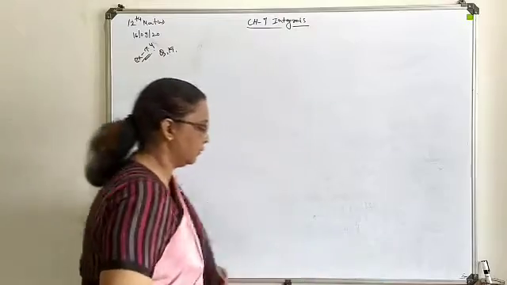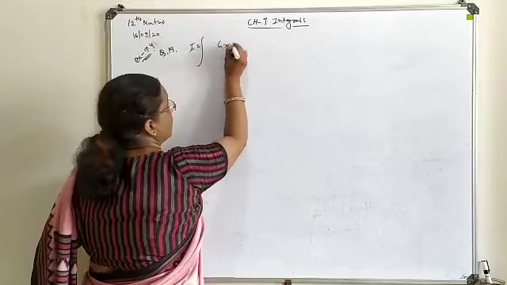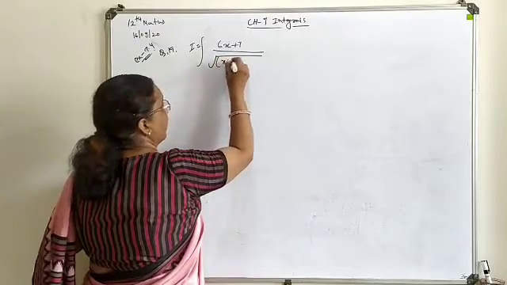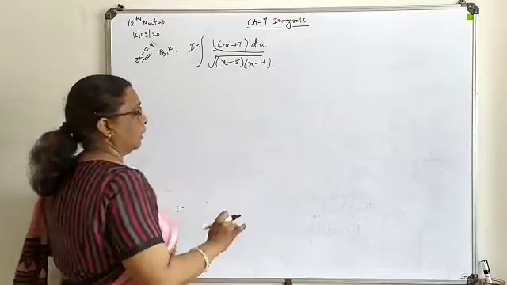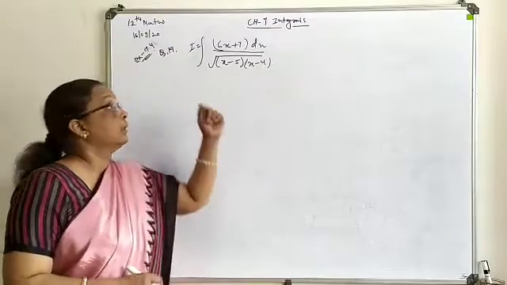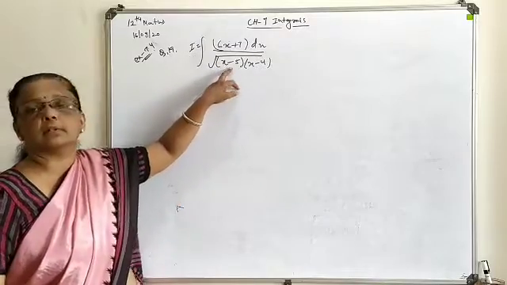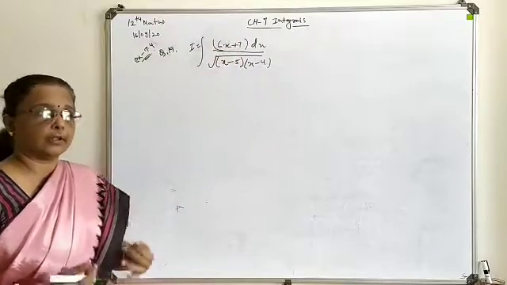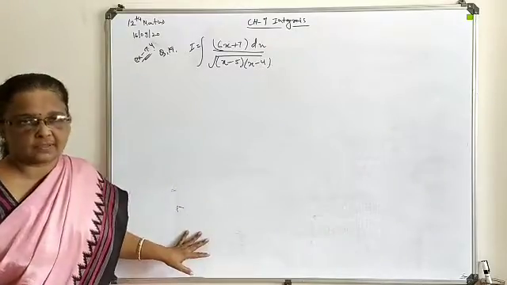So here your 19th is 6x plus 7 upon under root x minus 5 and x minus 4. First of all, we have to convert this denominator term into quadratic form, and only then can we know what differentiation we require. It is very clear that if a quadratic form is in the denominator and a linear form is in the numerator, then some derivative relation will exist, and we will implement the same method.